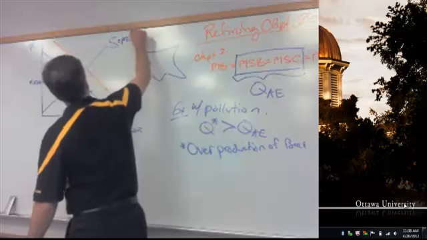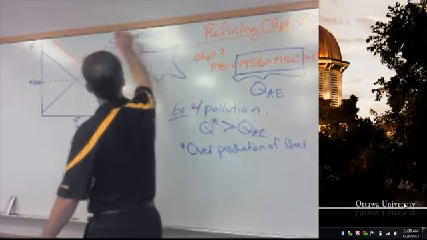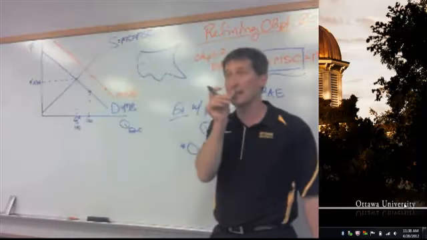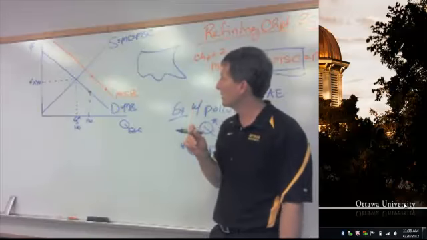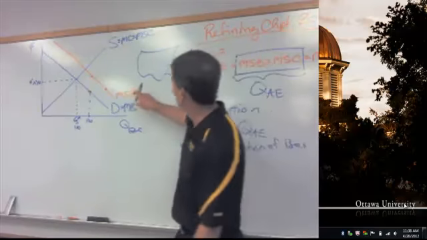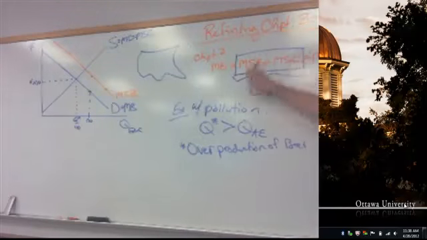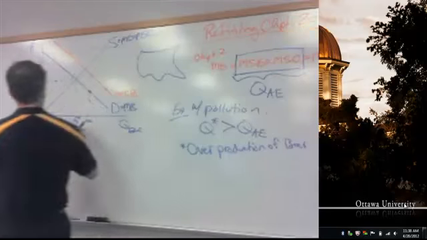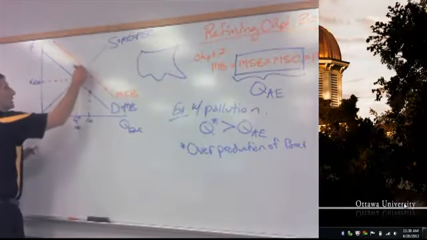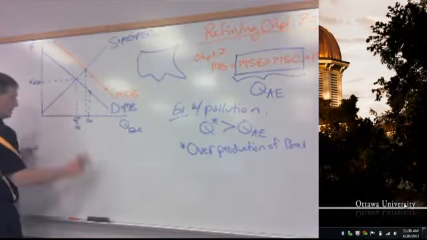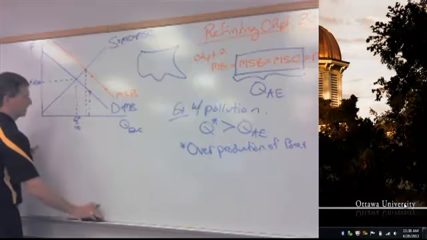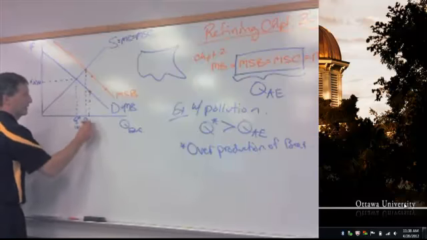And so the cost to OU appropriately reflects the cost to society of providing the education. What's allocatively efficient is where these two things intersect each other, which is to the right of where the market is. And so the allocatively efficient quantity is right here.